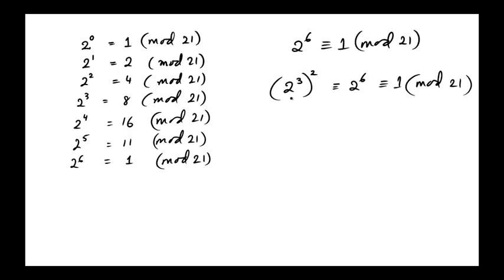So this means that 2 cubed is a non-trivial square root of 1 mod 21. But what's 2 cubed? That's 8. Remember, that was the number that we found, which was a non-trivial square root of 1 mod 21. So we have found 8 squared is congruent to 1 mod 21.